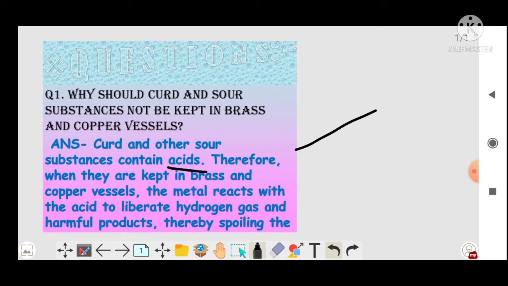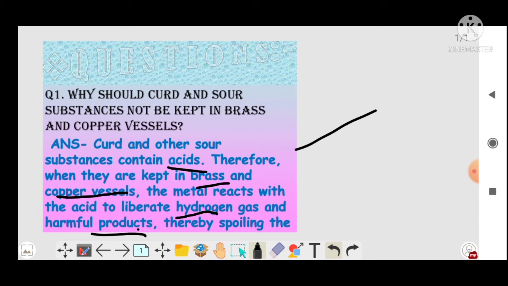Therefore when they are kept in brass and copper vessels, the metals, copper and zinc, react with the acid to liberate hydrogen gas and harmful products. That's why the curd and sour substance get spoiled, and hence they are not to be kept in brass and copper vessels.